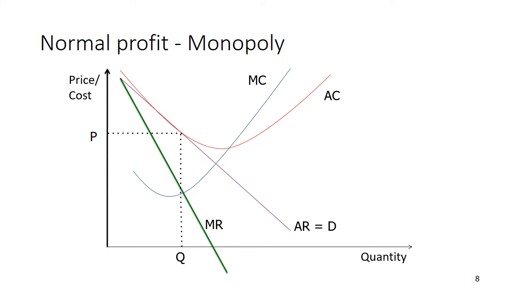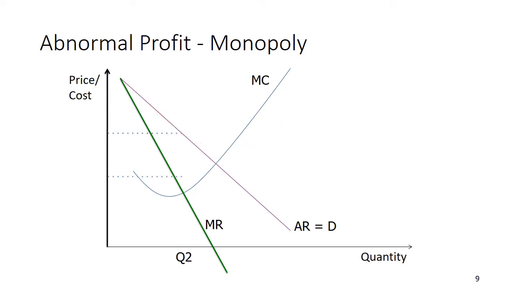And there is another situation of a monopoly, regarding abnormal profit. For abnormal profit of a monopoly, we can use the same diagram: MC curve, AR curve, MR curve.